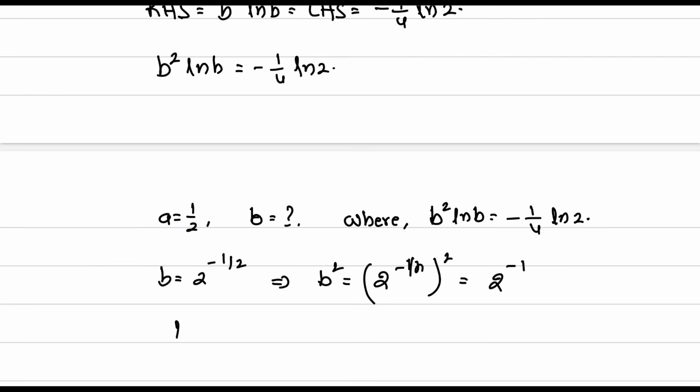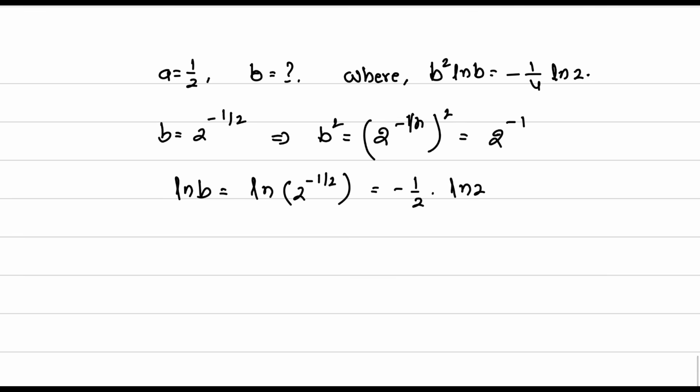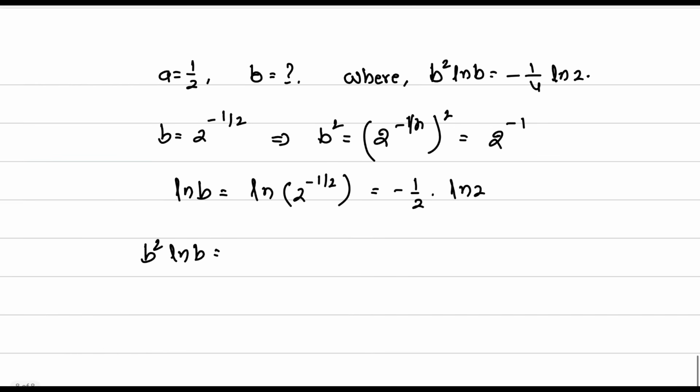And what will be the value of ln b? ln b is equal to ln 2 to the power of minus half. That is equal to minus half into ln 2. Then what is the value of b square into ln b? That is equal to 2 to the power of minus 1 into minus half into ln 2.